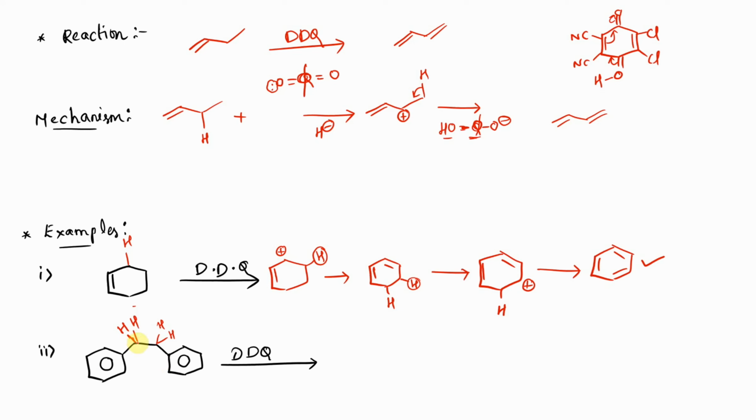If you remove one hydrogen from one of the carbons in the form of hydride, the other hydrogen will be removed because of the negative charge present on the quinone structure, leading to the formation of a compound with trans isomerization. The product formed in this reaction is the trans isomer but not the cis isomer. Okay, so these are the simple basic reactions of DDQ, that is removing hydrogen by carrying out an unsaturation process. So this is enough for today's class.